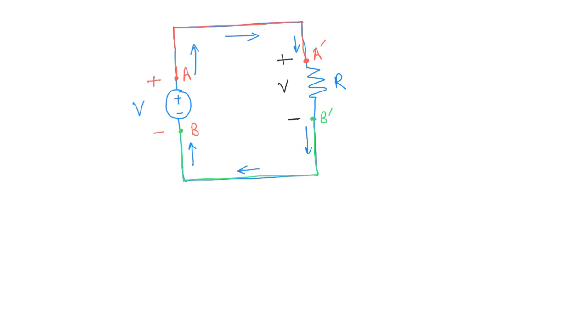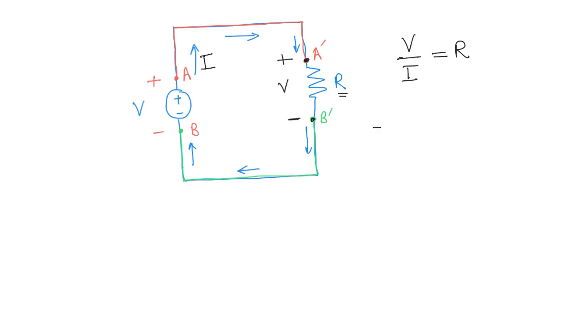Okay, so let us call this current that is flowing in this circuit as I. Now, is there a relationship between V and I? Of course there is, because we know that there is a resistor here, and we know that the voltage that is applied across this resistance is V, and we know that the current that is flowing through that resistance is I. So V over I has to be R, because that's the property of a resistance.